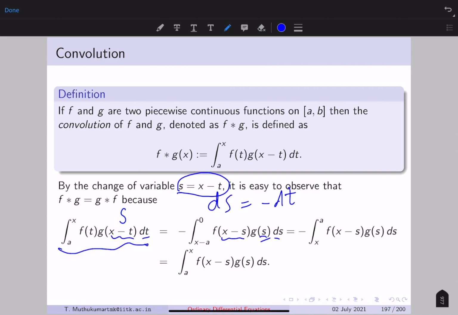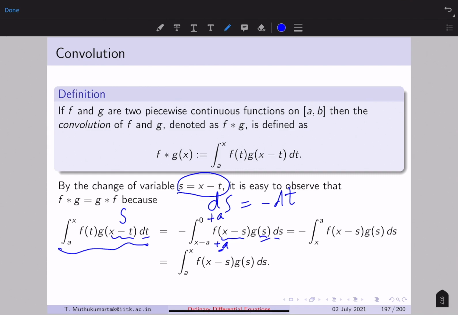Now x minus a to 0 is the same as integrating from x to a. Basically I'm adding a on both sides; this is a property of the integral. The integral over an interval of length a is the same as the integral over the interval where you have translated the entire interval by a.